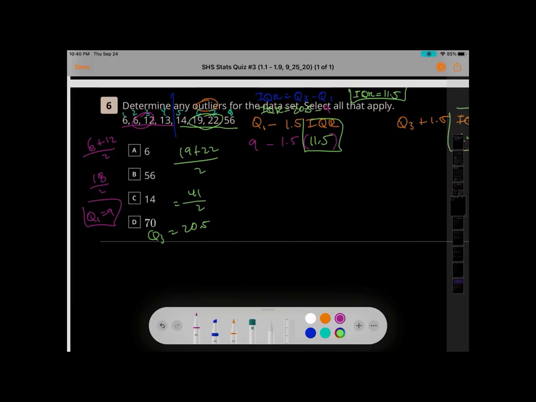So 9 minus 1.5 times 11.5. 1.5 times 11.5 would give me 17.25. And if you subtract those, it'll be a negative. And you'll get negative 8.25 is my lower fence.